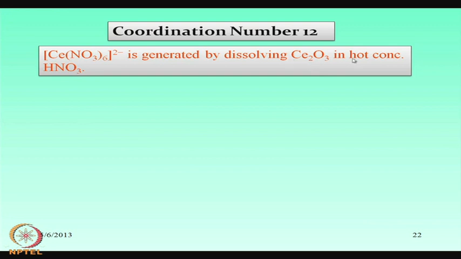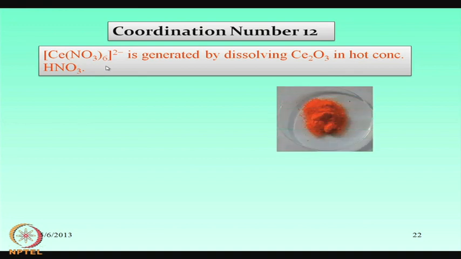So, Ce2O3 in hot concentrated nitric acid basically generates the corresponding anionic hexanitratocerium compound, which can be isolated as its corresponding ammonium salt.